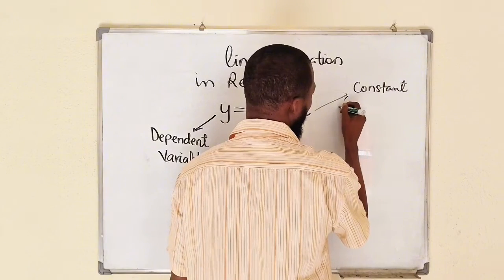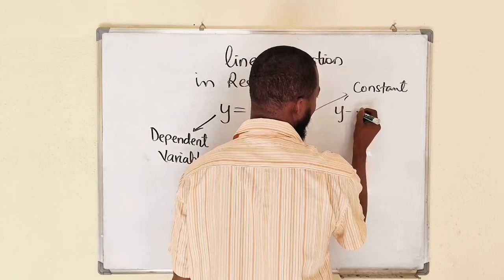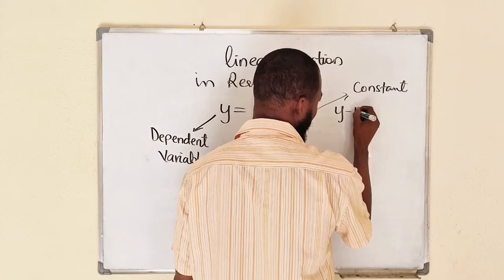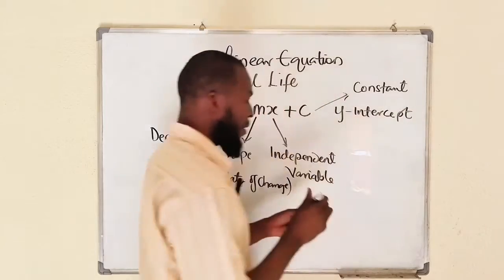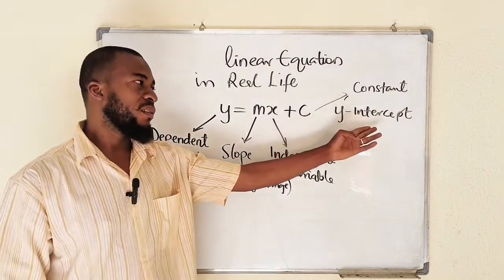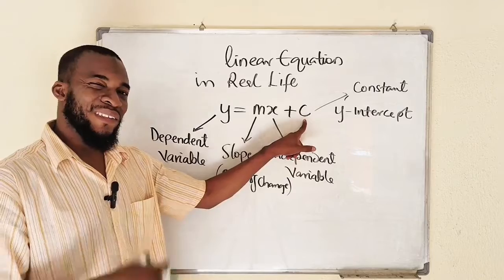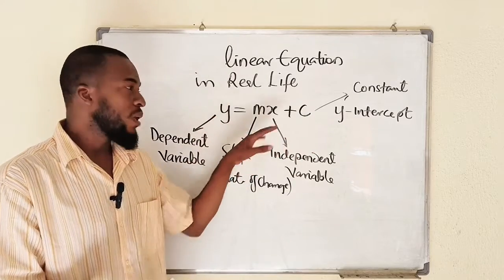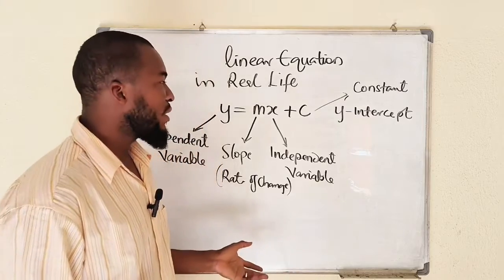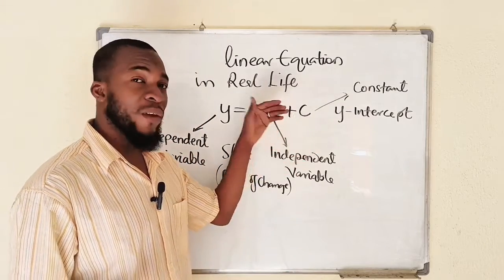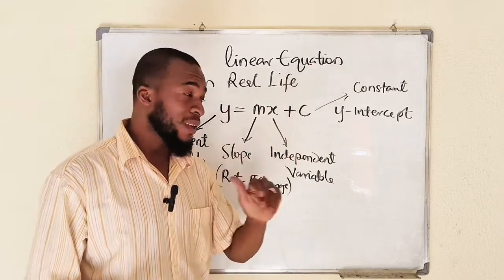And we can also call it y-intercept, talking about graphs. It is called y-intercept because this value here determines the value of y when the independent variable is equal to 0. And on the graph, it is exactly where the curve passes through y-axis.